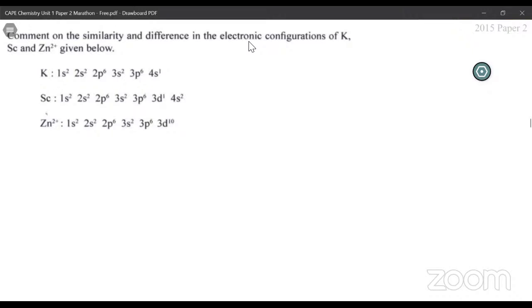So I can see that they all have s orbitals, they all have p orbitals, they all have, that would be a lie, they don't all have 3Ds, and they don't all have 4Ss. So the first similarity that I would pinpoint was their arrangement is similar up until the 18th electron. So they all have an argon core.